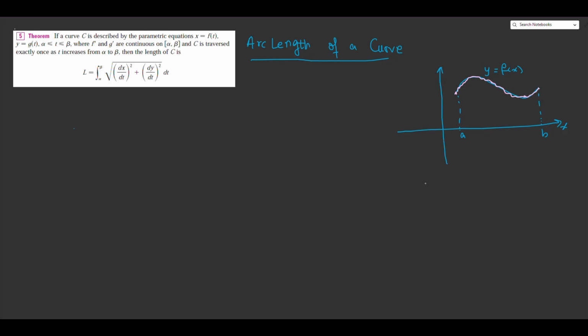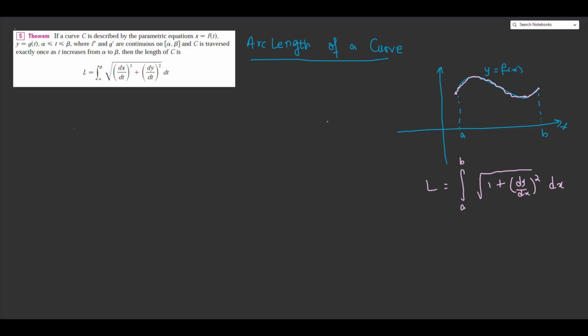So what is the formula? If you recall from your previous knowledge, the formula is the following: integration from a to b under the root 1 plus dy by dx whole square, and then we integrate this with respect to x.